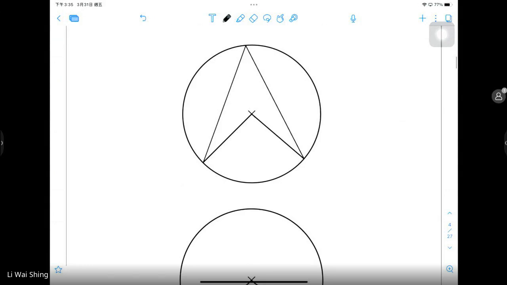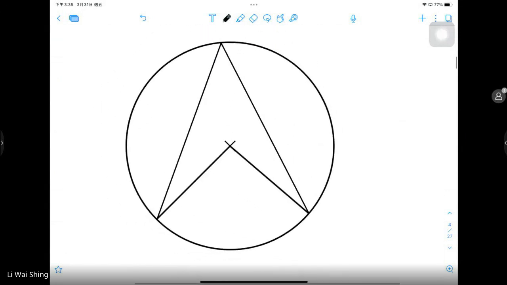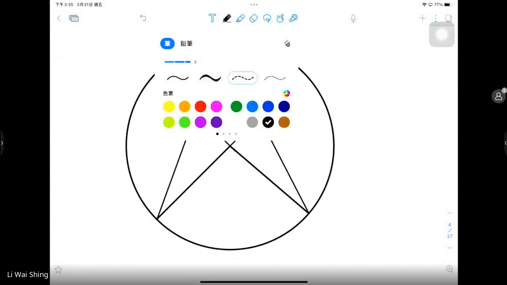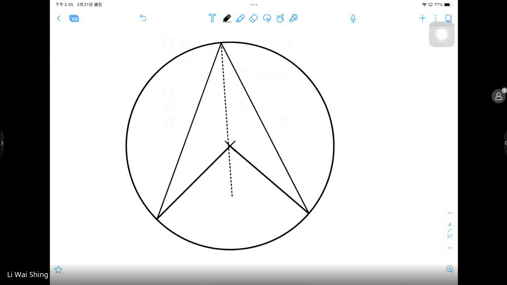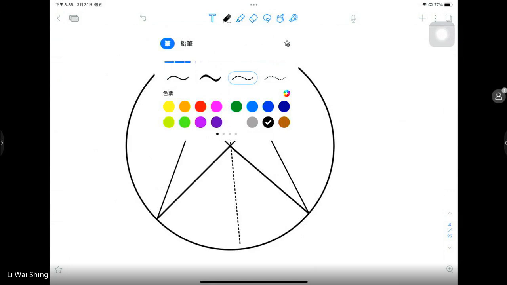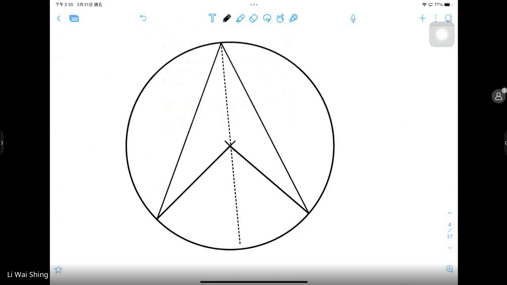I'm going to prove the several cases to you. First of all, if it looks like this, it is very easy to prove. You just add a line towards the center. So it should be easy to prove.